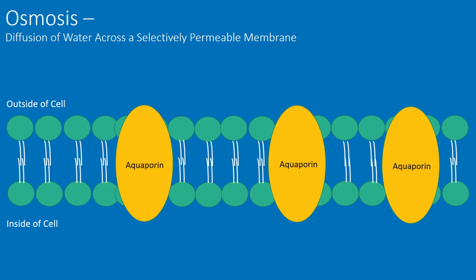Water moves from regions of low solute concentration to regions of high solute concentration. In other words, water always follows the greater solute concentration, depending on which side of the membrane we're looking at. This movement dilutes the higher concentration, thus equalizing the concentration on both sides of the bilayer.